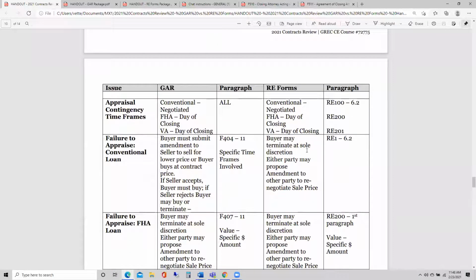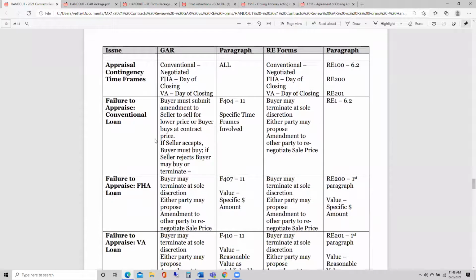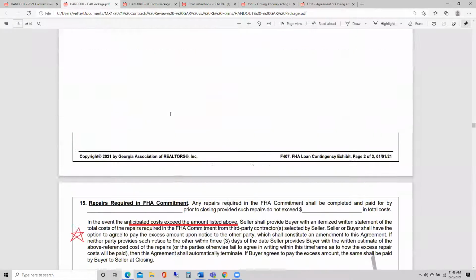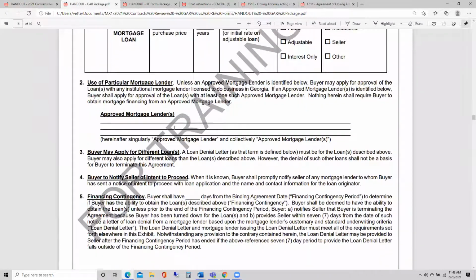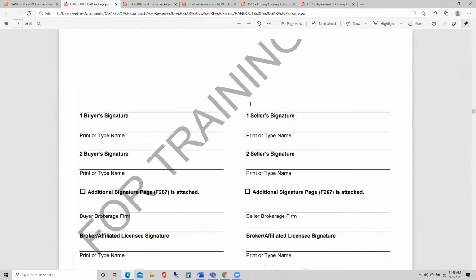Okay, another huge difference between the GAR and the RE forms. If the buyer's getting a conventional loan and the appraisal comes in lower than the contract sale price, when you are binding under GAR, let me go back up here to the conventional loan in GAR.